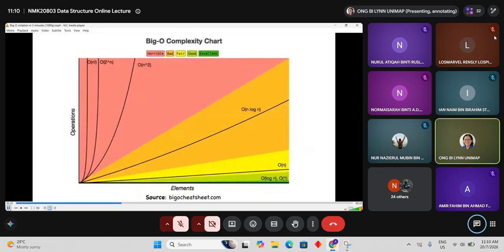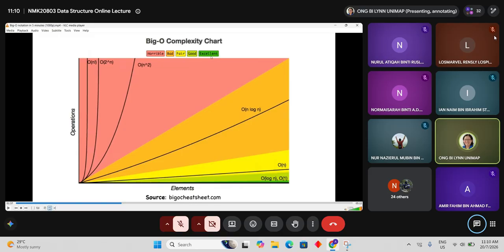Okay, so ini dia represent in a graph terms. Okay, yang paling senang, the least complexity will be Big O notations of 1 or Big O notations of log n. Okay, followed by Big O notation of n, Big O notations of n log n, n square, 2 to the power of n, and n factorial.